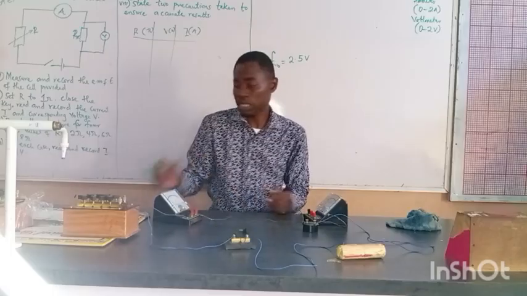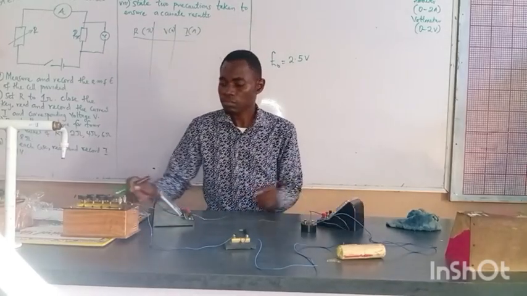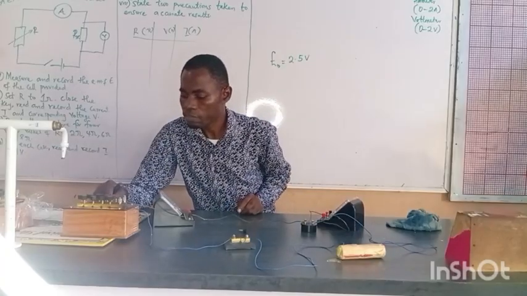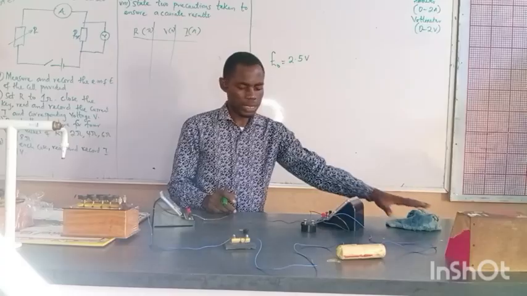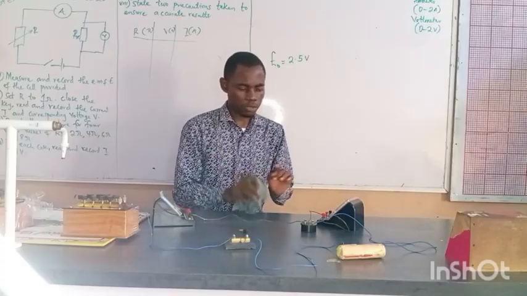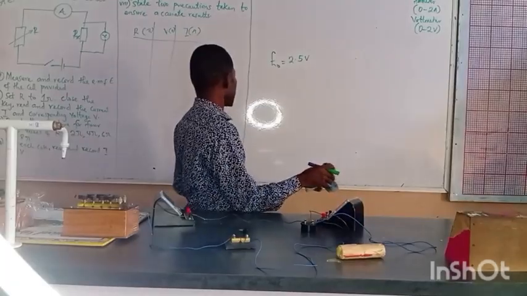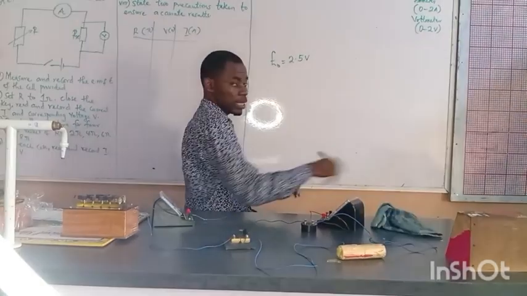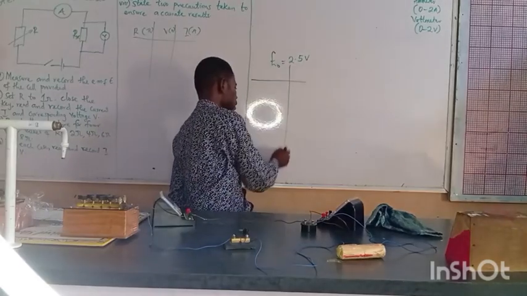The first reading here says that when the resistor... Let me prepare my table so that I'll be filling in my readings without wasting time. Okay, let me use this environment for my reading.